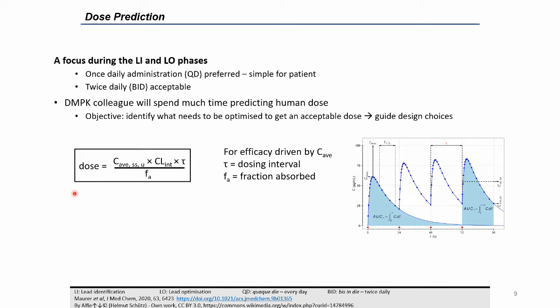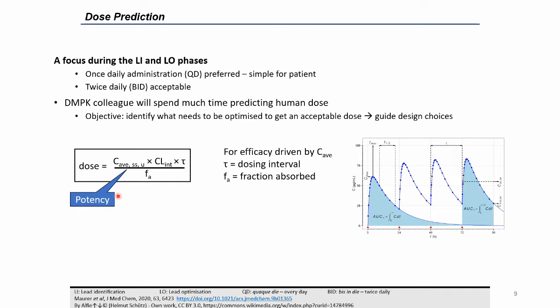So you can calculate the human dose based upon knowing what the average concentration you need to achieve at steady state. So that's after a few days dosing when the concentration levels have reached a steady state. And this is obviously the unbound average concentration. And then it's also affected by the intrinsic clearance, by the dosing intervals once or twice daily, and by the fraction absorbed. And the value of looking at this is this can translate into properties that you can actually measure in your screening cascade, so relatively early.